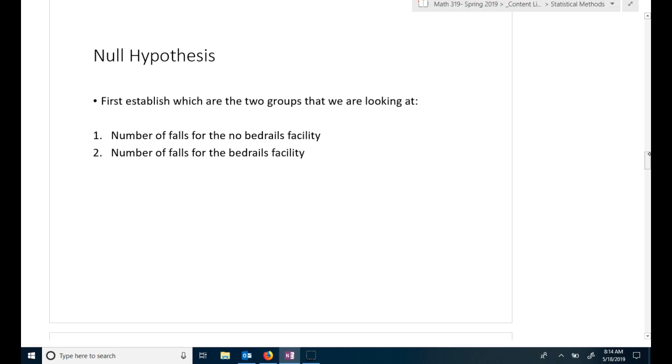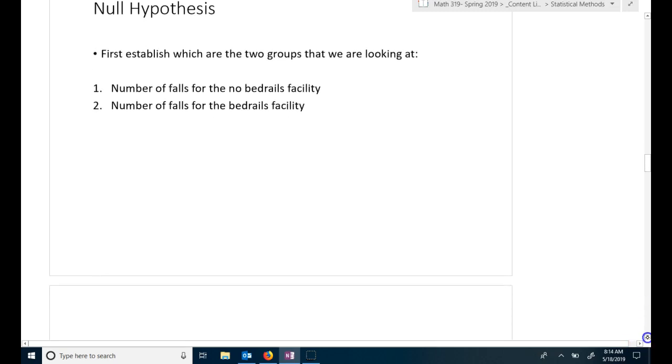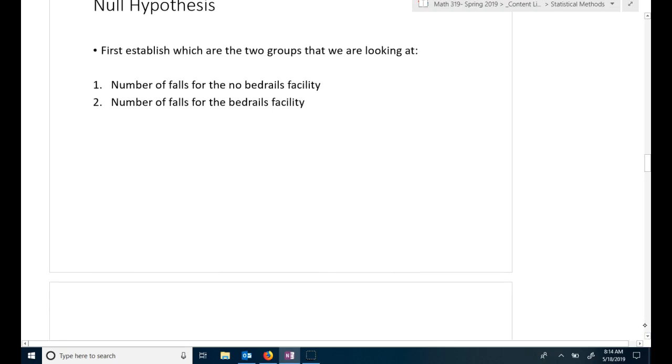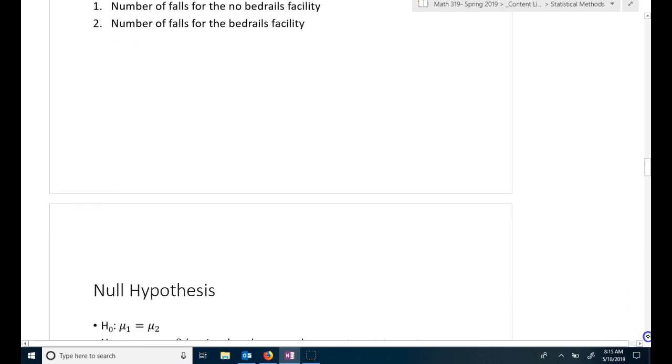And in addition to that, it becomes confusing for you when you're running them, because we make determinations with regards to which tail of the hypothesis test we're going to use based upon which group is which. Okay, so if we switch and make the number of falls for the bed rails facility 1 and the number of falls for the no bed rails facility 2, we end up with a different tailed test.